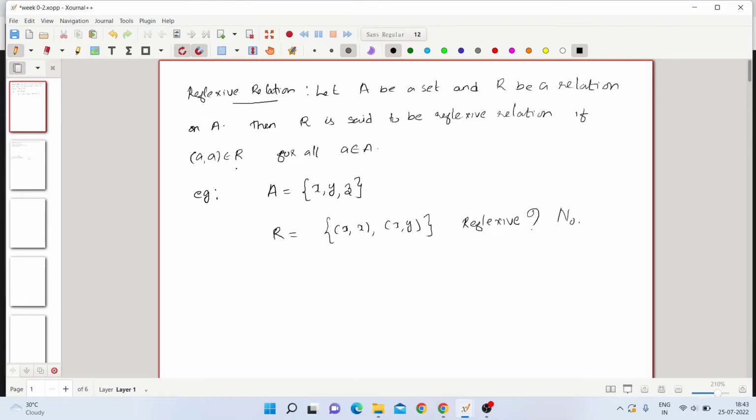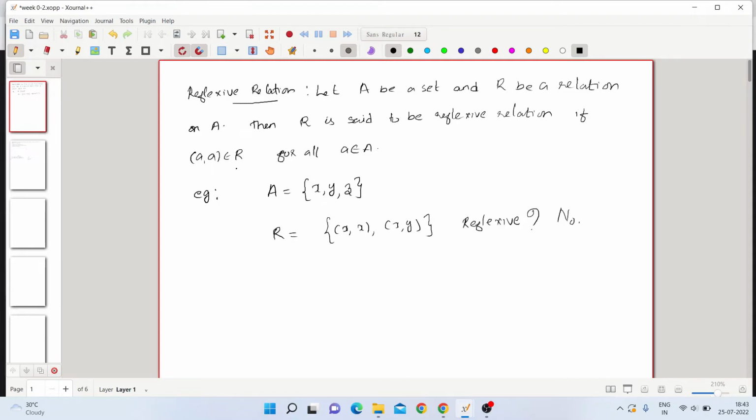That is, if we are taking R1 as the set (x, x), (y, y) and (z, z), then this R1 is a reflexive relation, and this is the least possible reflexive relation.